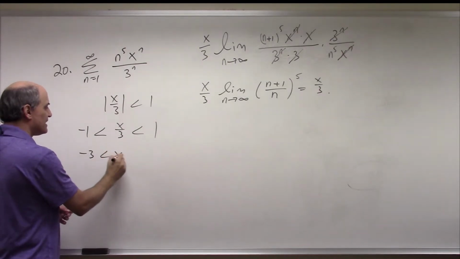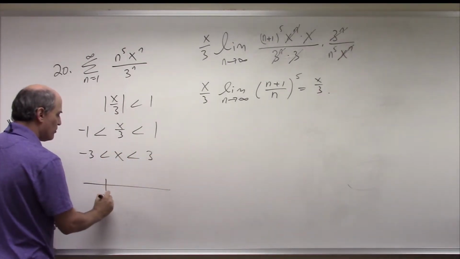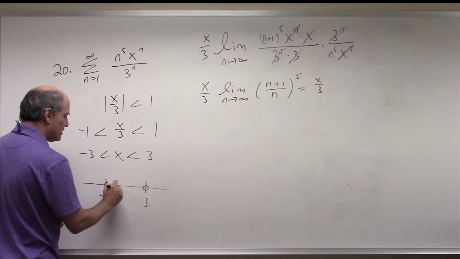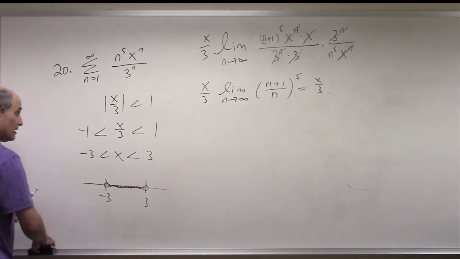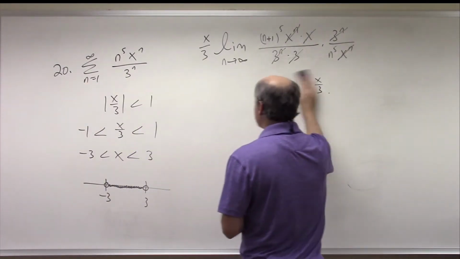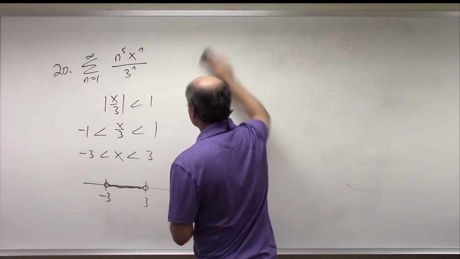Negative 3 is less than x is less than 3. So I know the original series is convergent as long as x is between negative 3 and positive 3. But I don't know what happens at those endpoints. So let's plug them in and see what we get.